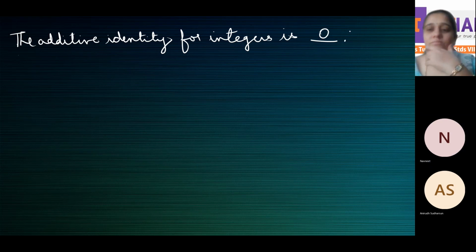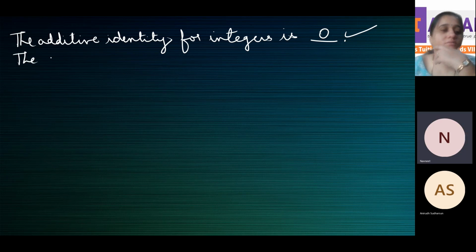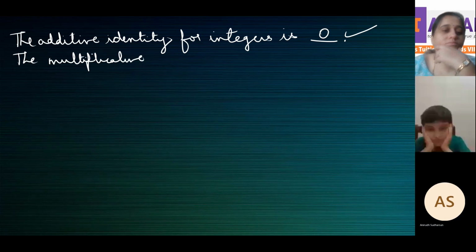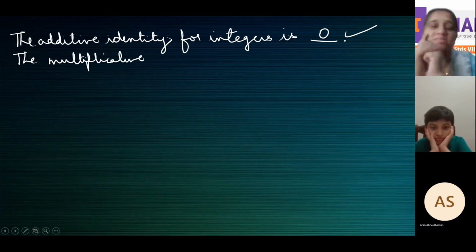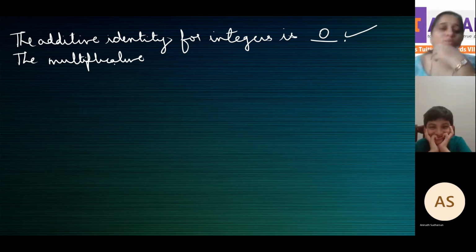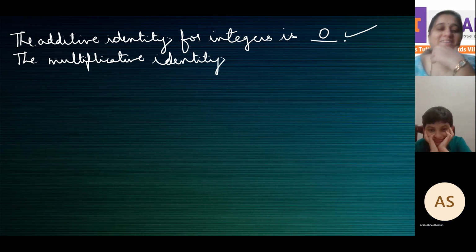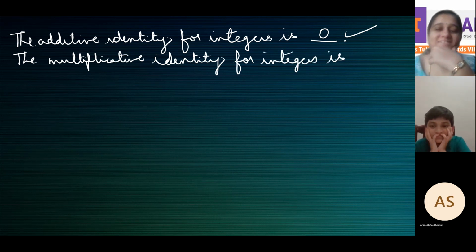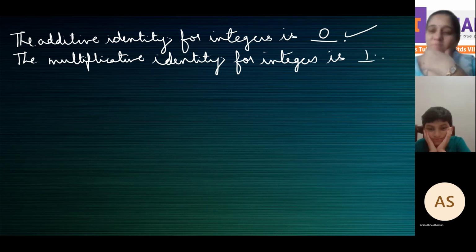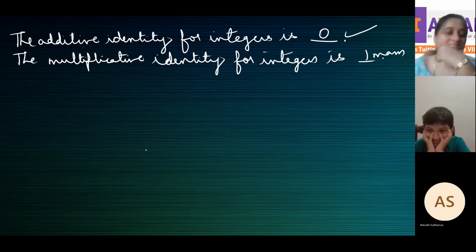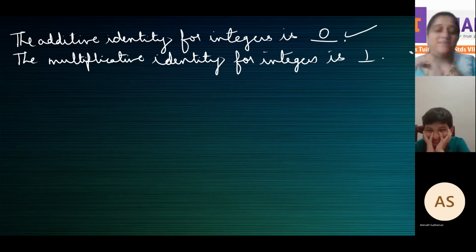Anirudh. I'm asking you what am I going to write now? The multiplicative identity for integers is what? 1, ma'am. Very good.